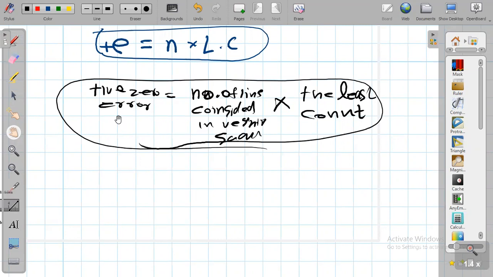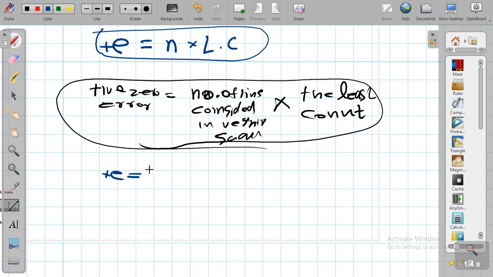According to the above example, we have to take the zero error considering the coincided line as the third line.